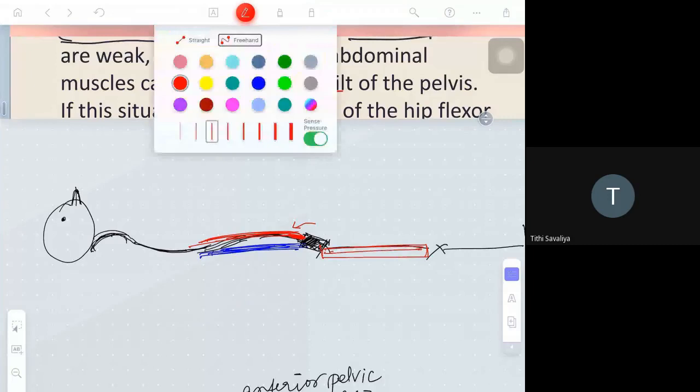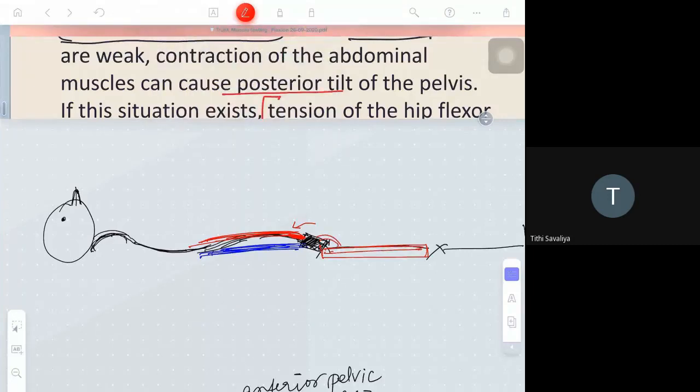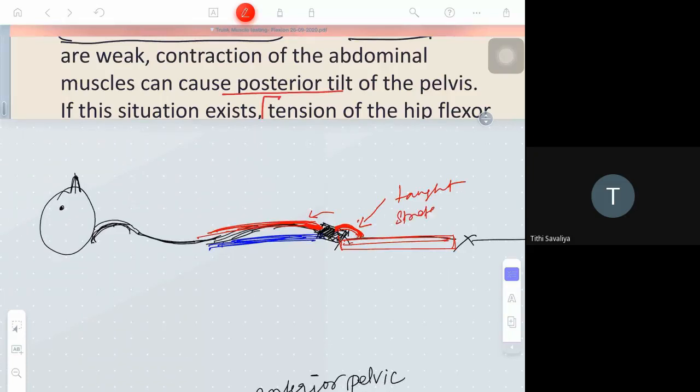Why? Because in order to stretch the hip flexors, when the hip flexor muscle is taut, when the hip flexor muscles are stretched by keeping the femur in extended position, then the pelvis will not go in this direction.